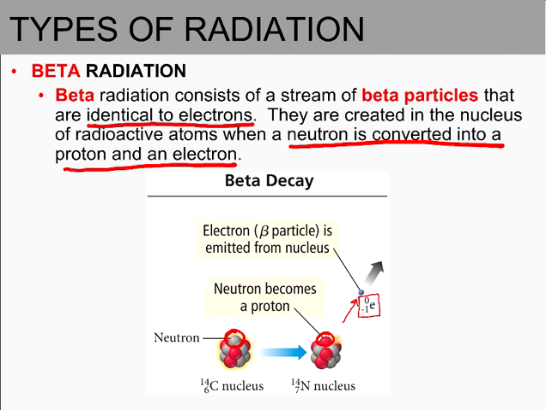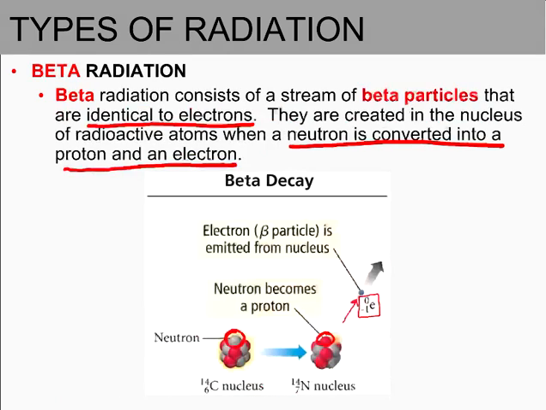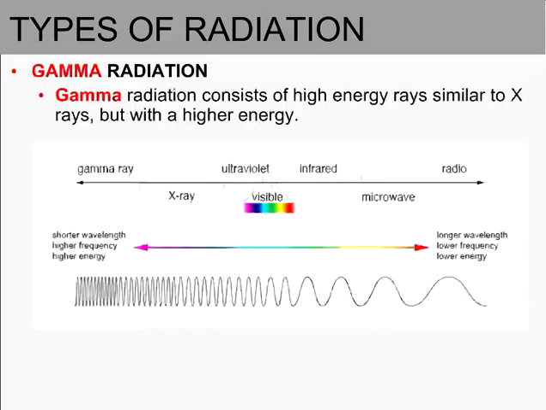Okay, so far we've talked about alpha particles, which are identical to helium nuclei, and we've also talked about beta particles, which are identical to electrons. The next type of radiation is gamma radiation. Gamma radiation doesn't really consist of particles. It consists of high energy waves. Down below is the electromagnetic spectrum.